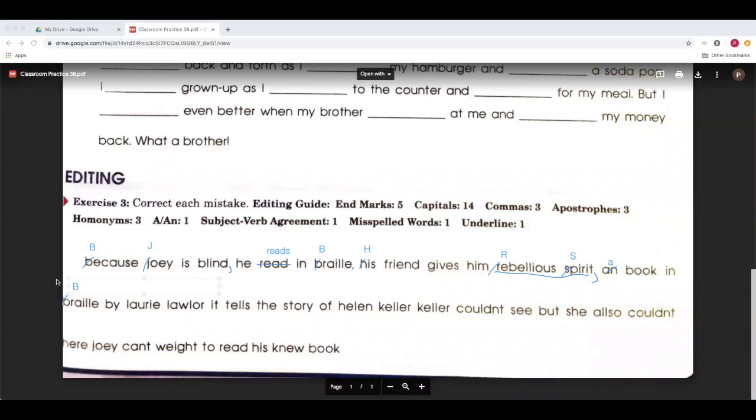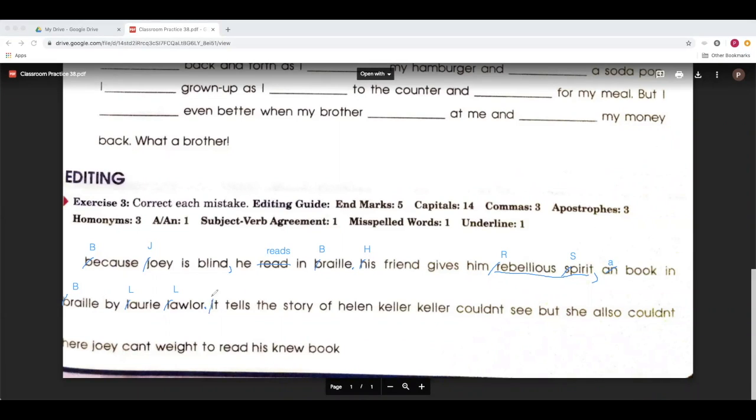By Lori Lawler. That, of course, is a name, so let's capitalize it. By Lori Lawler, period. That's the end of our sentence. It tells the story.